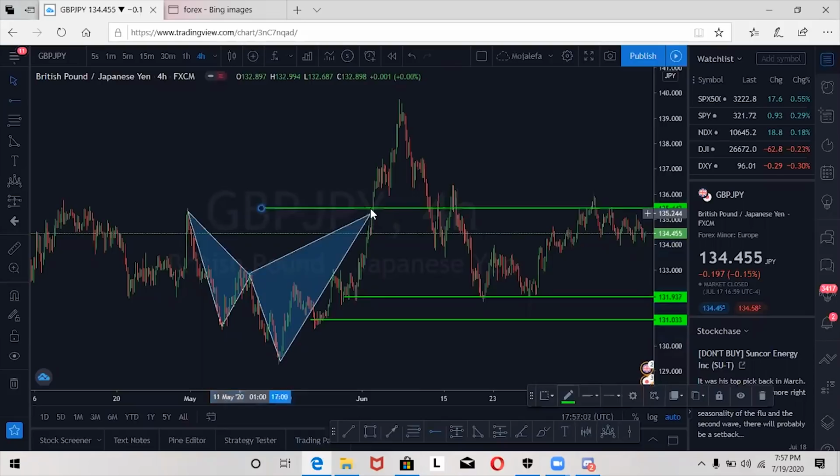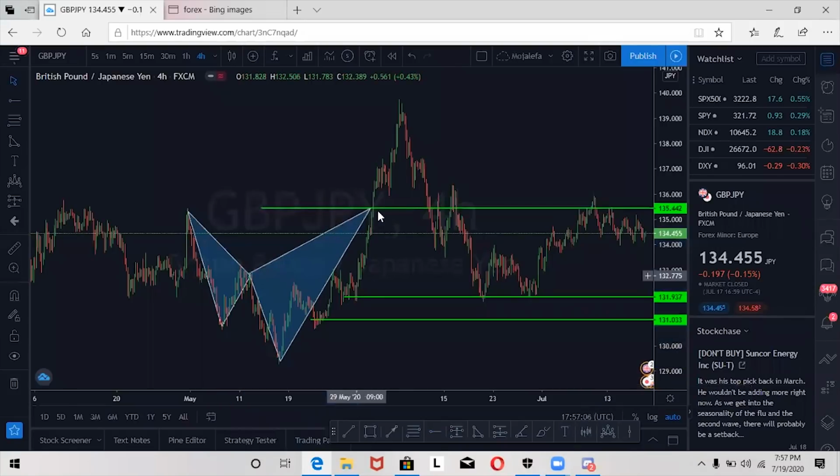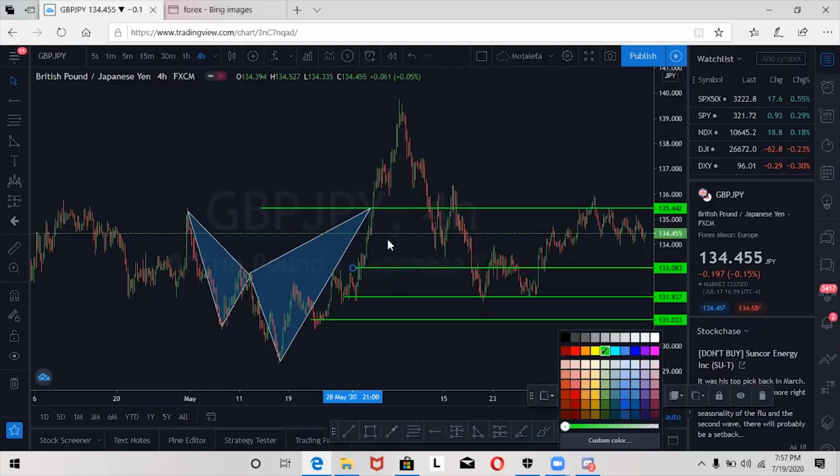Or what you can do is, after it reaches this level, remember the strategy whereby you grab more capital: if the market has reached your TP, you can remove the TP and place your stop loss in profit, and let this good trade run.